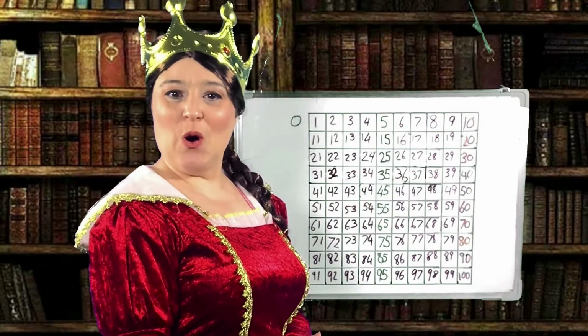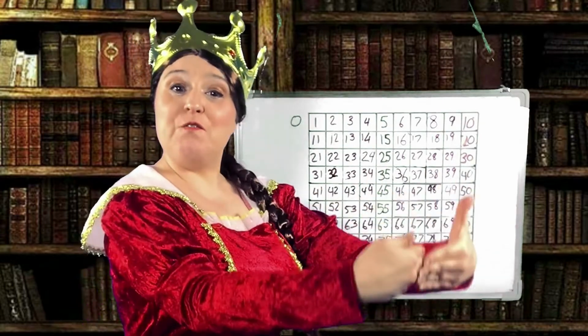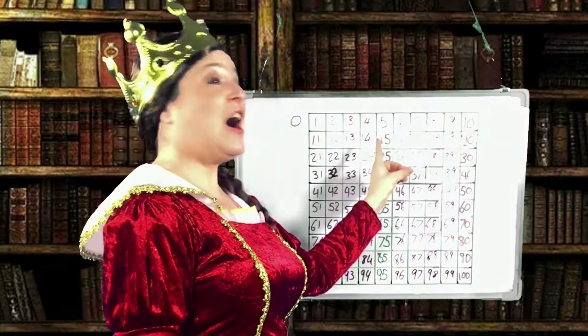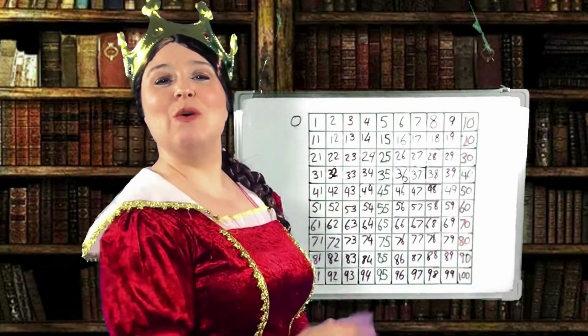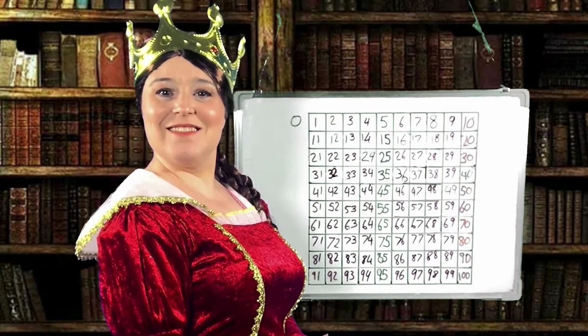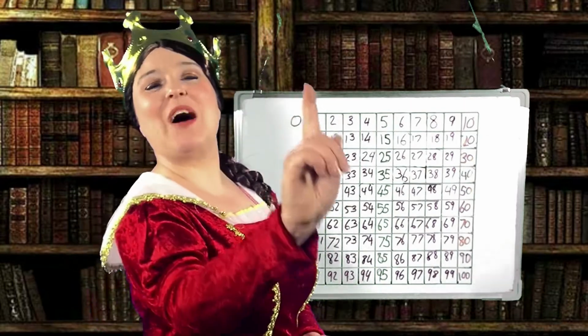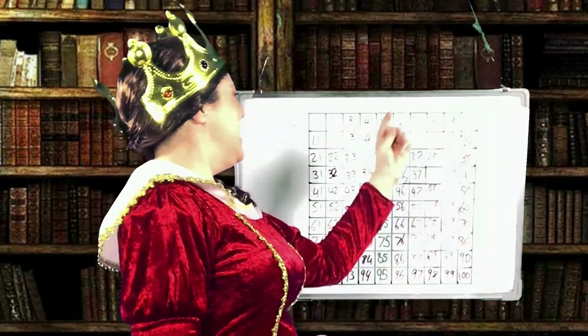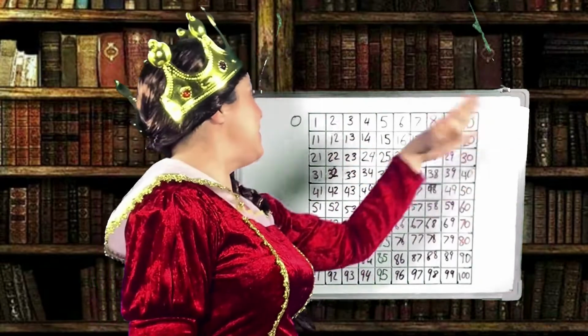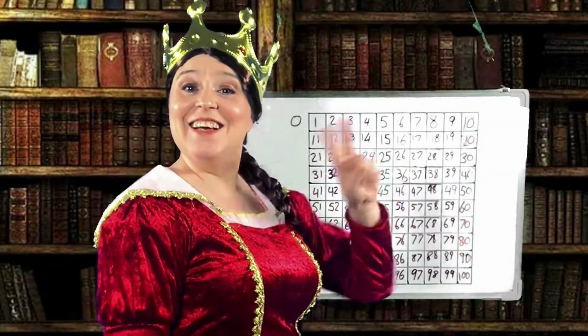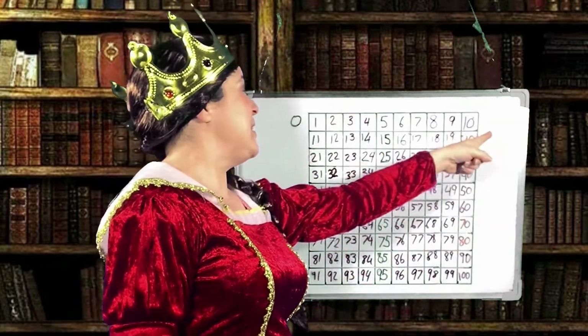Write them on your whiteboard. Yes, you're right. That was very easy. Counting in multiples of 5, starting from 15, the next 2 numbers would be 20 and 25.